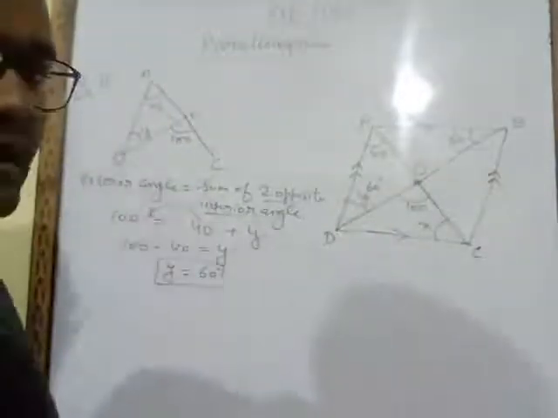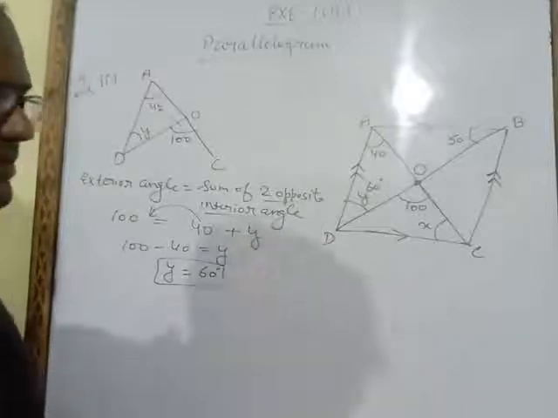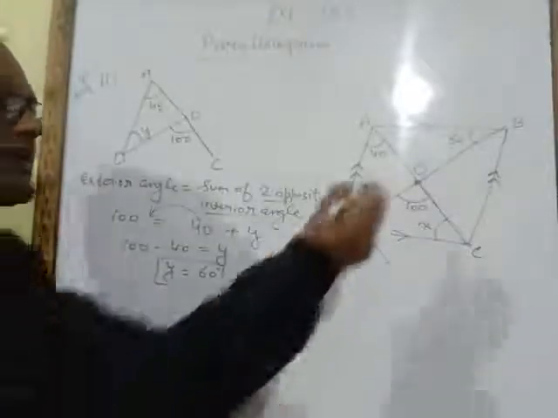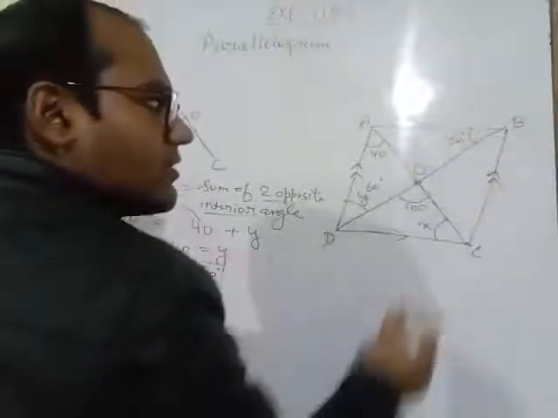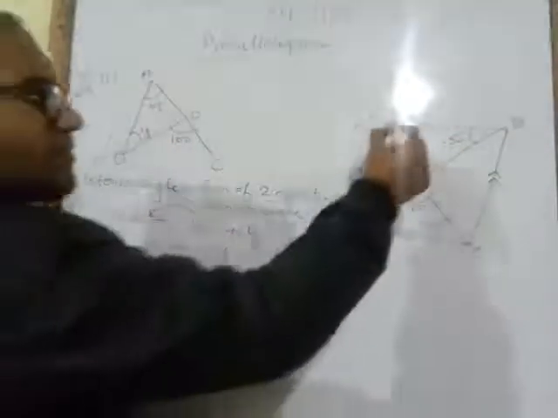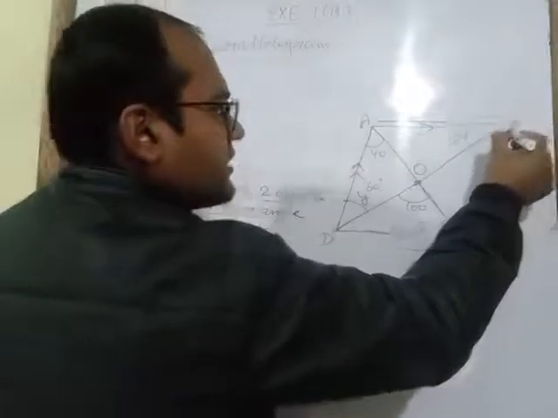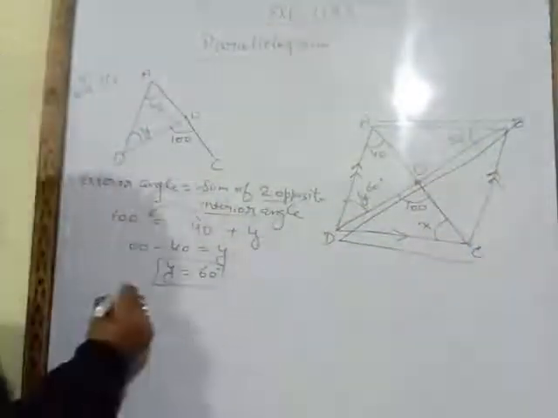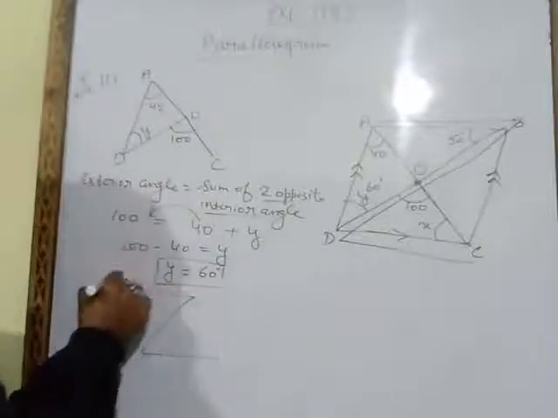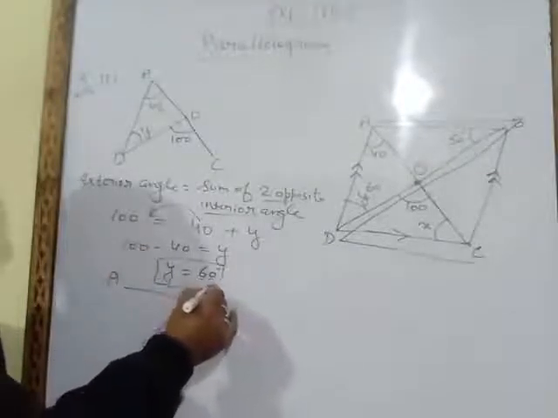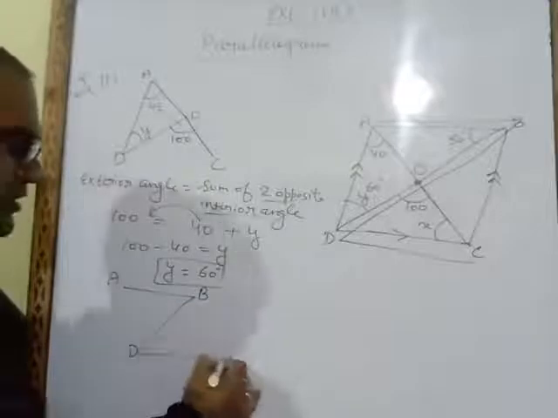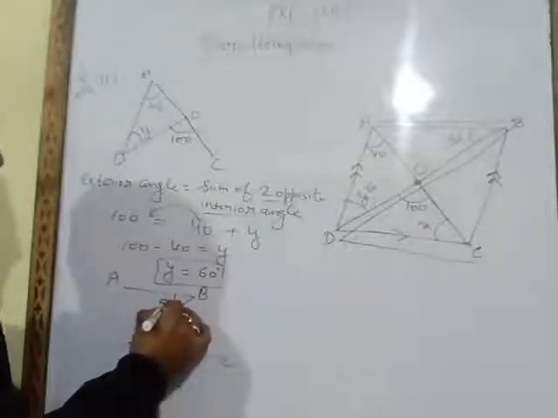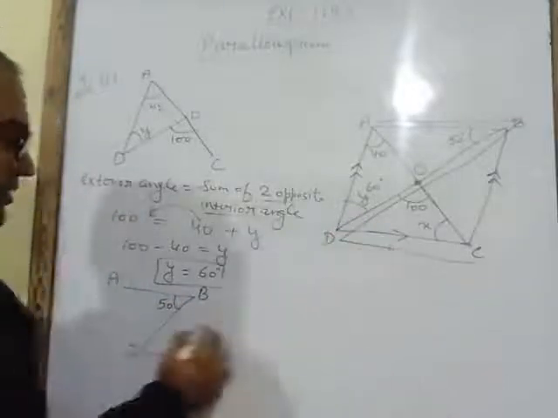Now we have to find the value of X. Only X is remaining. Y we had already calculated. In order to find the value of X, we have to take the help of this 50 degree. How will we take the help of this 50 degree? We will take a Z shape. This is Z. A to B, B to D, D to C. This angle we know is 50, and here no angle is written.